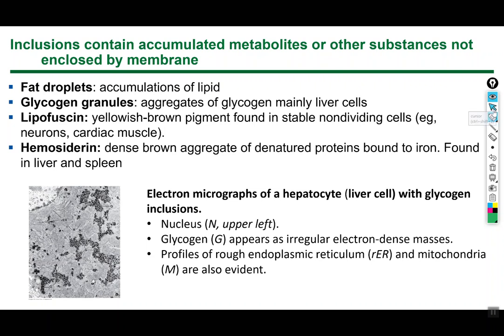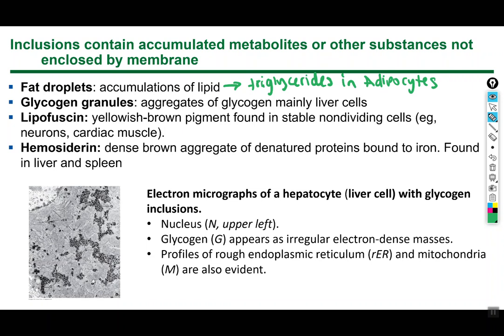So, for example, fat droplets are accumulations of lipids, specifically triglycerides in adipocytes. And they can also be aggregations of steroids in the cells of the gonad and of the adrenal cortex.